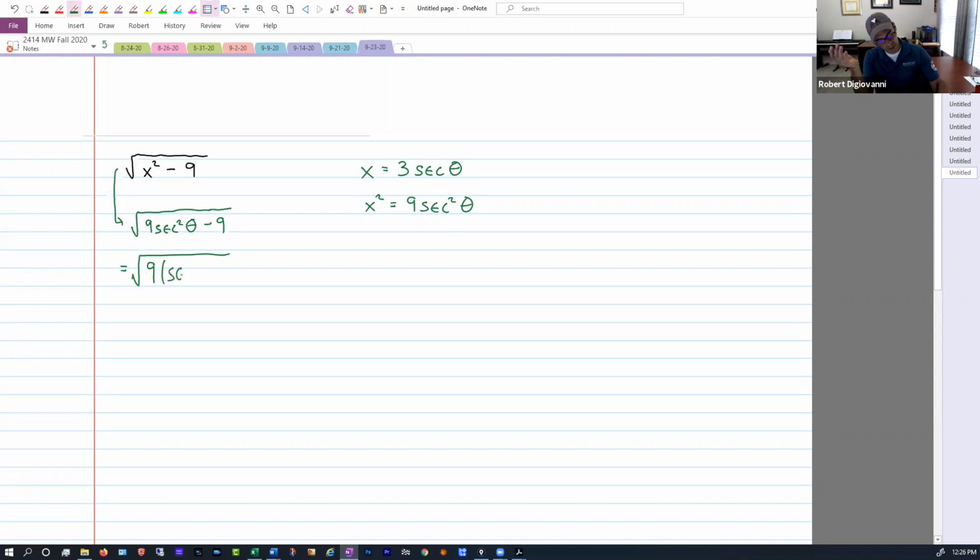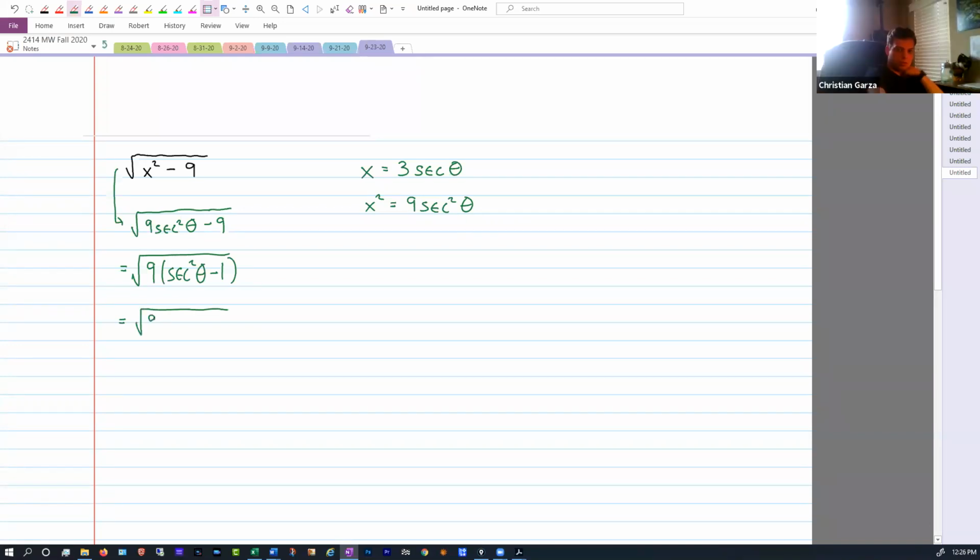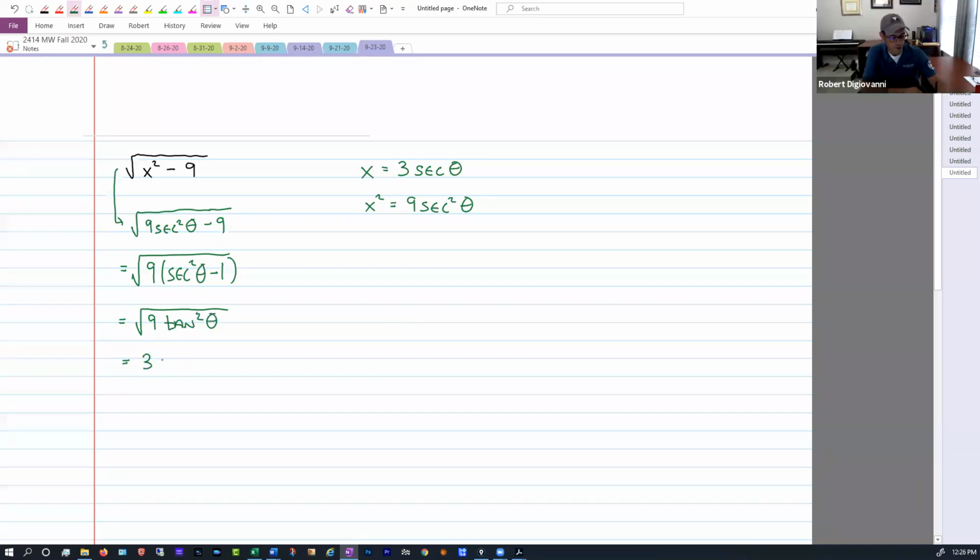And now we have secant squared theta minus 1. And what is secant squared theta minus 1? According to the Pythagorean identities, that's just tangent squared. And now we can take the square root of each one, so you get 3 tan theta.